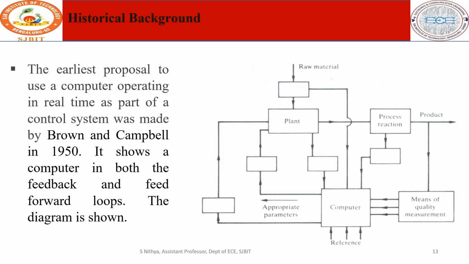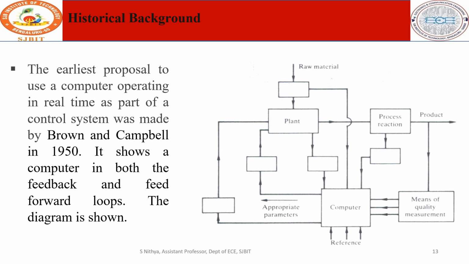Next, we are going to talk about the historical background of real-time systems. The earliest proposal to use a computer operating in real time as part of a control system was made by Braun and Campbell in 1950. They were the first to develop a control system for real-time applications, and it shows a computer in both the feedback and feed-forward loops.